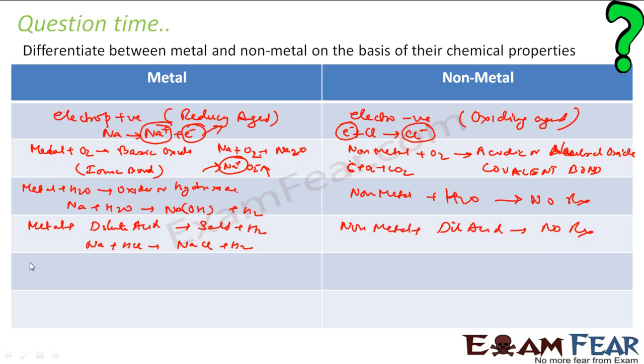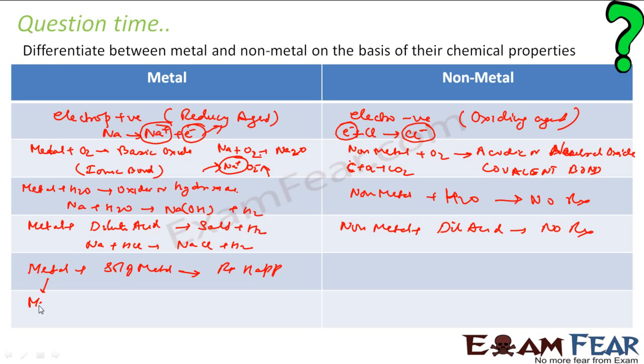Now let's talk about the displacement, double displacement reaction actually. Double displacement reaction happens when a metal reacts with a solution of a metal. The reaction happens sometimes based on reactivity.